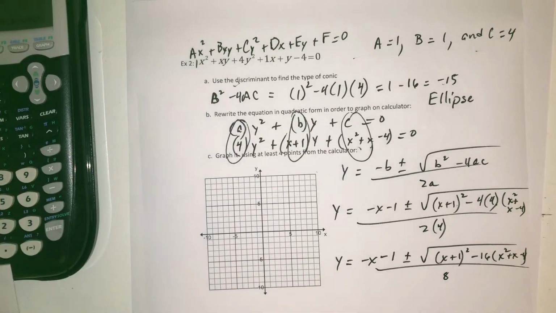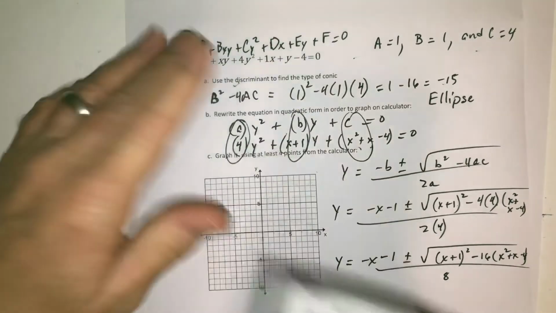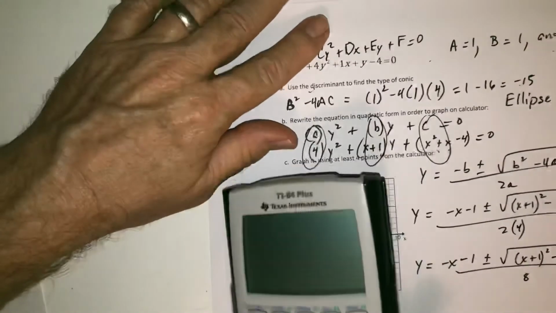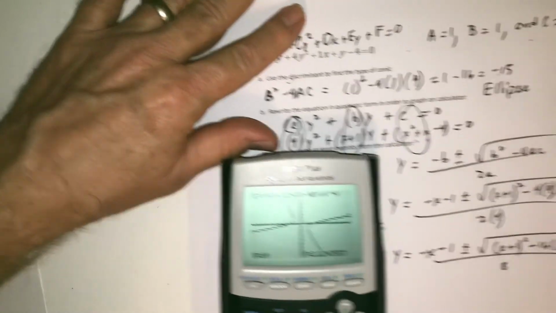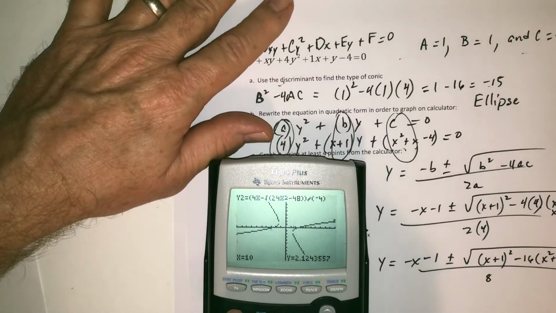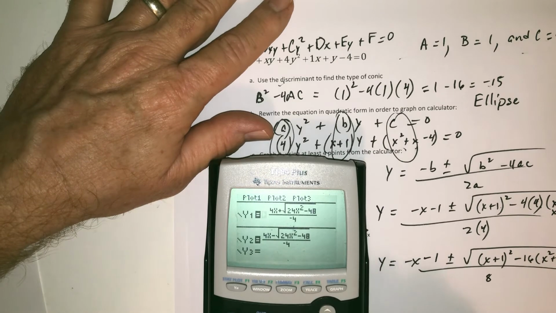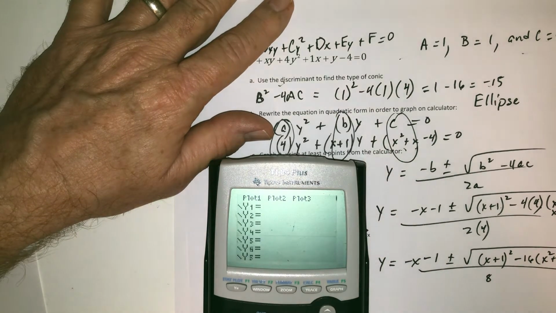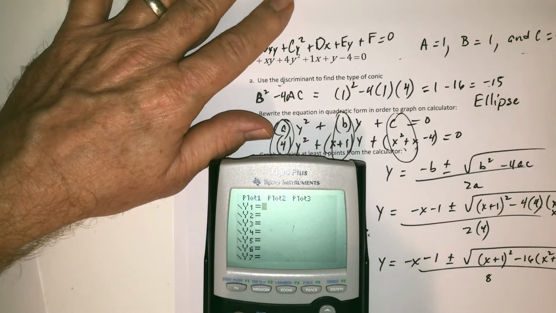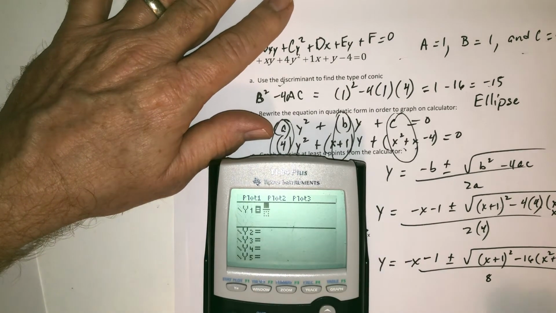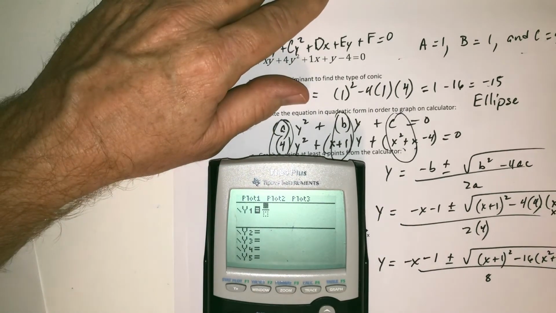Okay, all right. So now I'm going to put both equations in the y equals in the function editor. Let me go into y equals, and I'm going to clear out the ones that we already had for that hyperbola. And I'll go alpha y1 to get my fraction. I'll do the plus first.